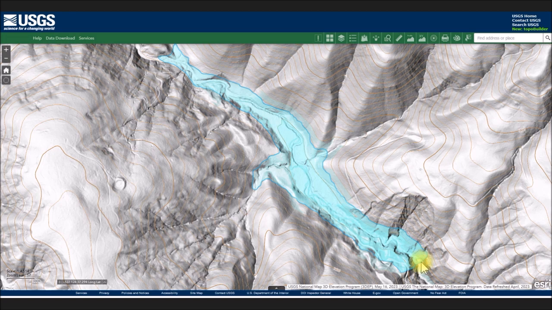So there's a couple of things to realize here. First is this is about 1 kilometer long, about 3,000 feet roughly. Again, depending on where you pick the location of the dam.